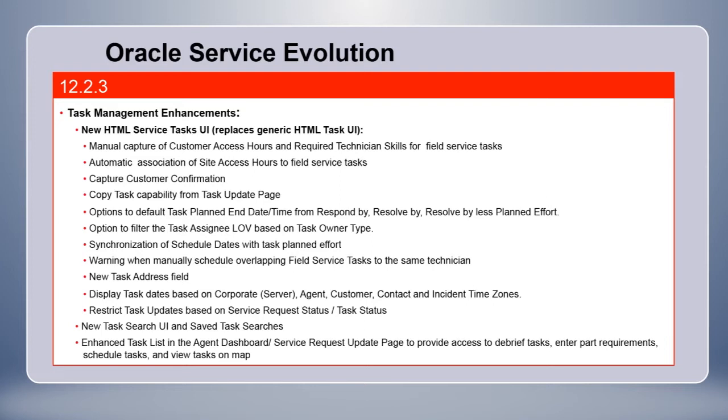This UI has all of the features of the service request task tab in the old service request form. It allows us to access hours, do customer confirmation, and so forth. So now all of the features we had in the old Service Request Form Task tab are available in a service UI in our HTML.